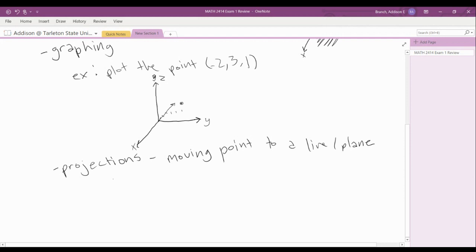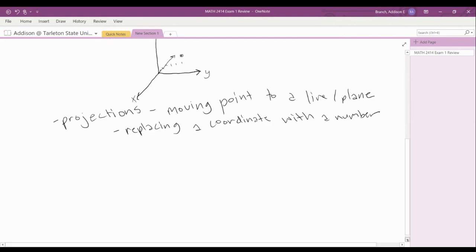When we do it algebraically, we are essentially replacing a coordinate with a number. So it depends on what exactly you're projecting.